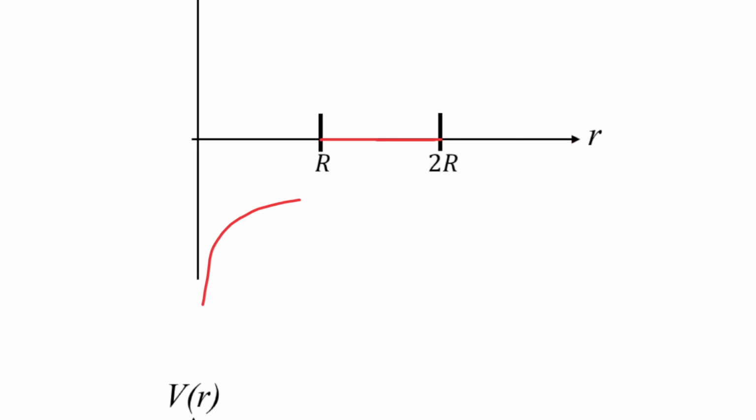So we'd get something that looks like this as our field. This is going to be really strong near the point charge, or near the outside of the cavity. We know the field vanishes inside, and then we also know that it's going to approach 0 in the end.